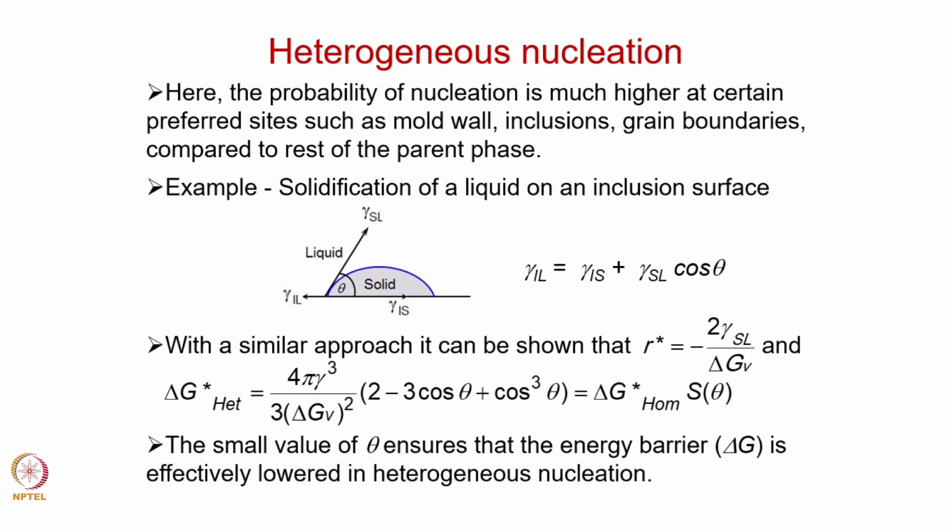As shown in this diagram, where theta is the contact angle, if you consider this in the free energy change, you would see an additional term in the form of theta come in.